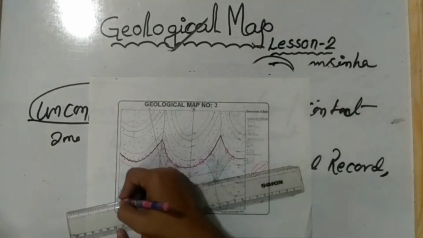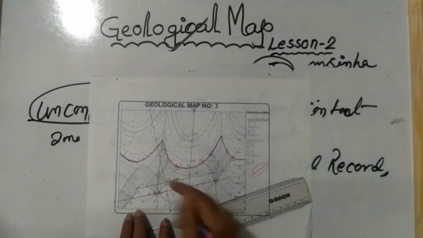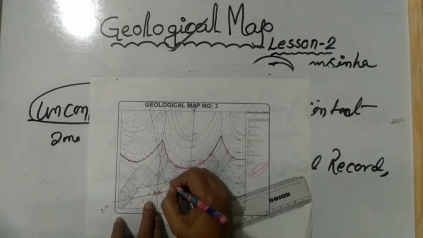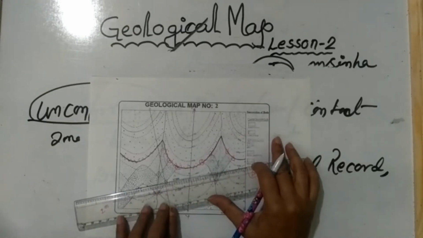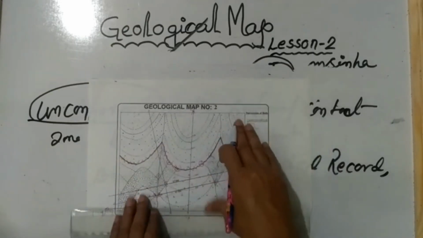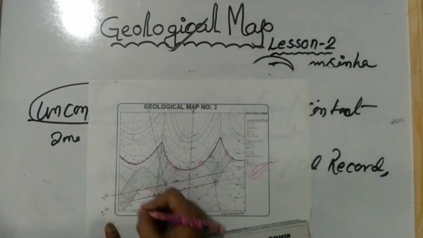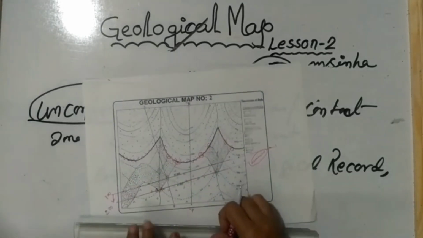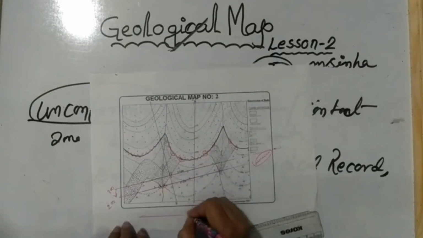So draw the strike line. The value of the strike line depends on the contour value. Contour value is 200 feet. Then within the same dipping plane, this is another cut point. So the value of this contour is 300. If you pour water, then water goes from higher elevation to lower elevation. So in that way you can identify easily.